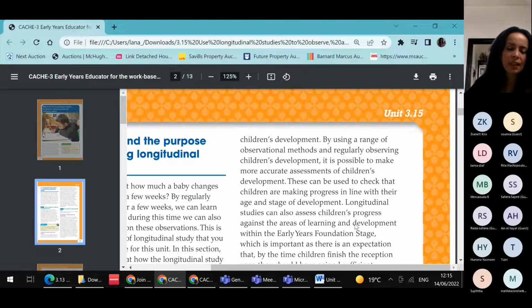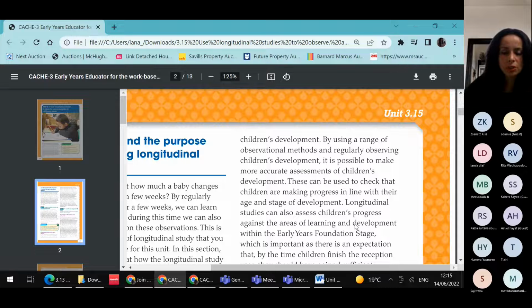Even the regular observation would help in our longitudinal studies. So for us, children's development is very important. It is very possible to make a more accurate assessment for the child, how we can work with this child, if we keep monitoring them for a longer time.